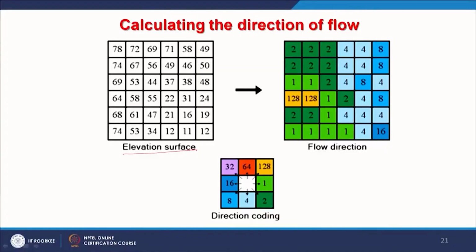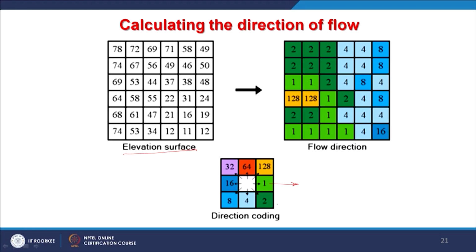Now, in the case of flow direction, how will it look in terms of digital values? Here we have an input digital elevation model, a 3 by 3 kernel and a coding system. For each direction we have a code. Though it is a number, it is a code, which means we will not do any arithmetic operations over these codes.